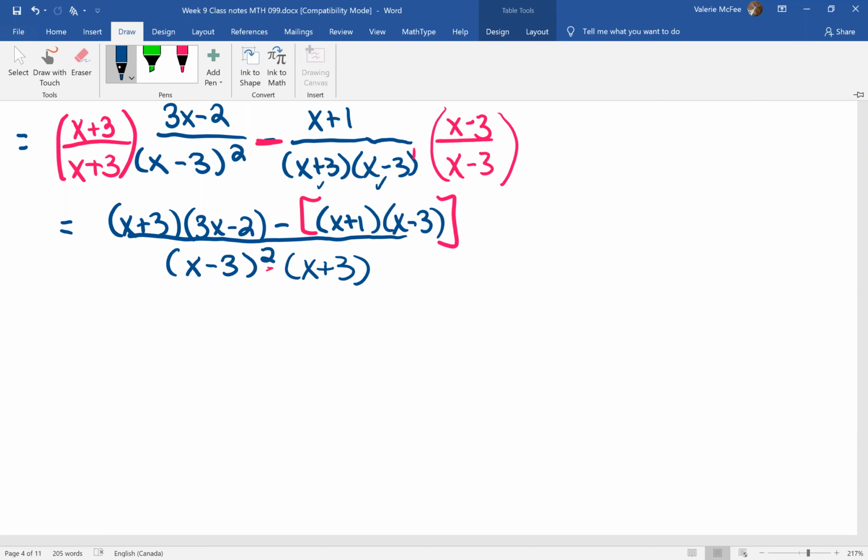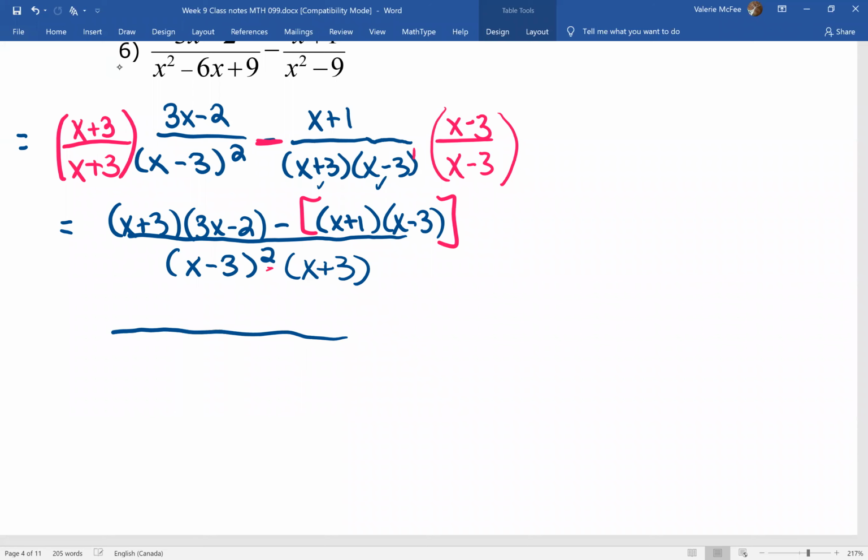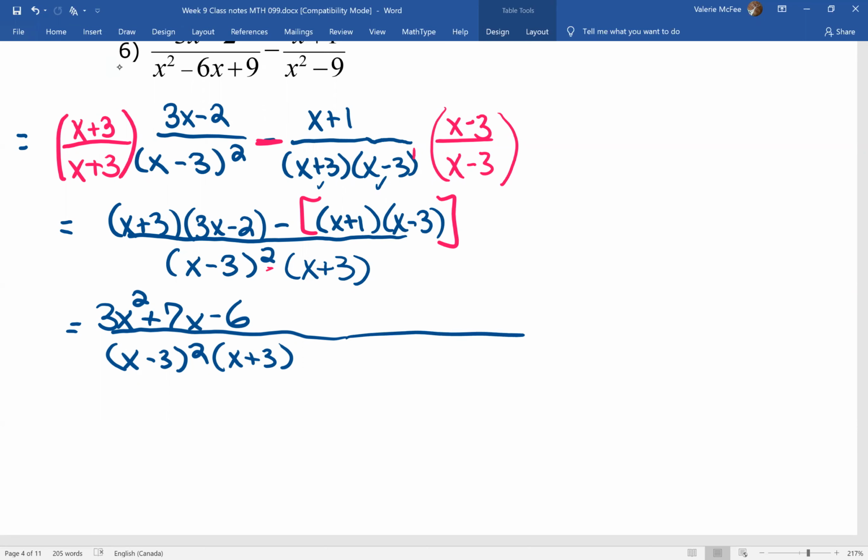It definitely would. So all over our common denominator. And again, I don't want to see your multiplying work here. Just your final product.